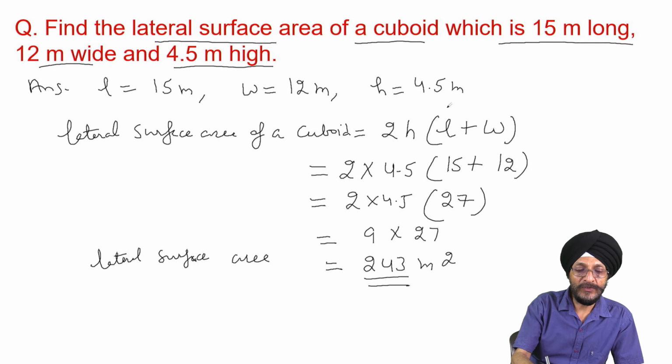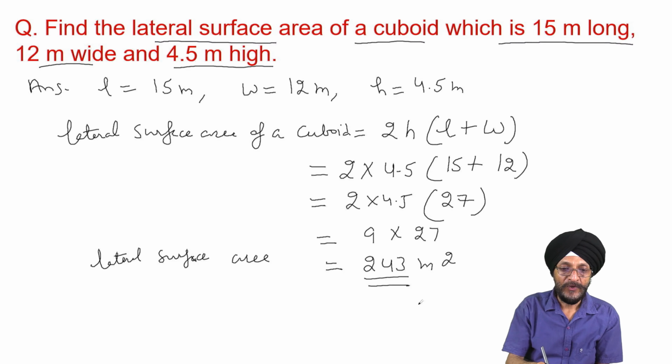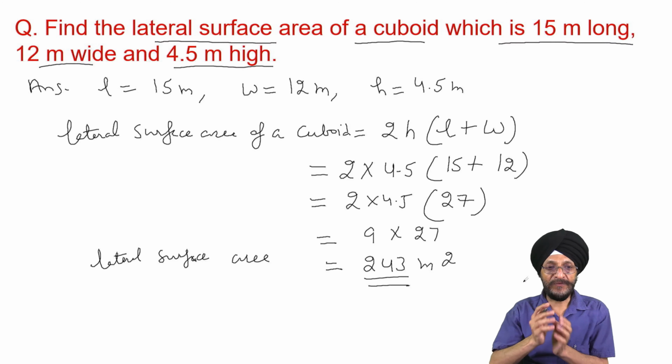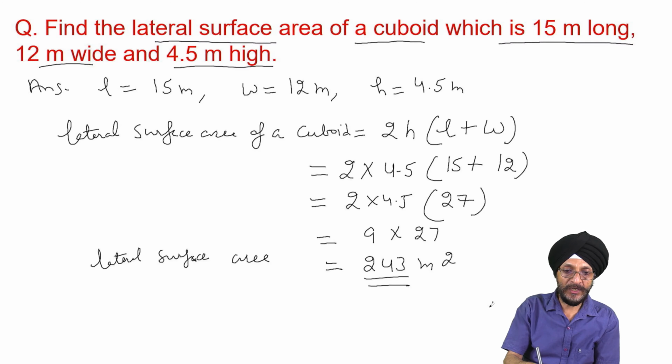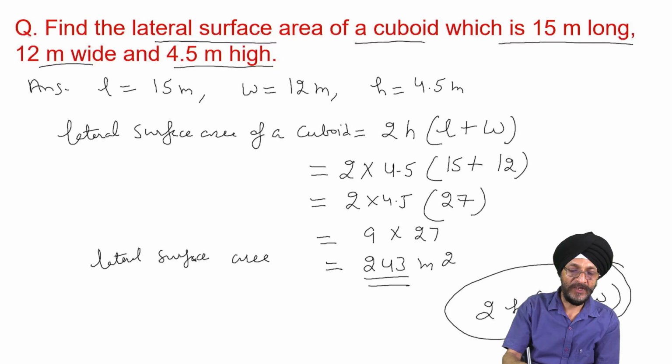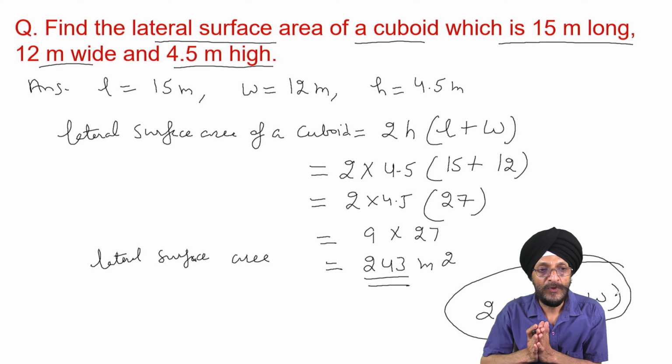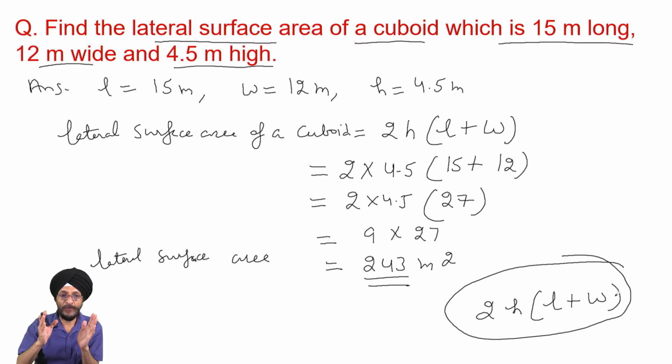For the purpose of recap, we can simply say that when we are to calculate the lateral surface area, you are to just remember this formula and you will be able to find out the lateral surface area of a cuboid.